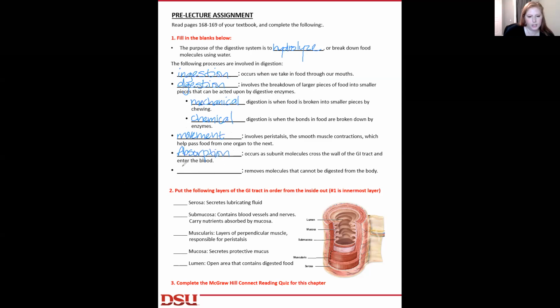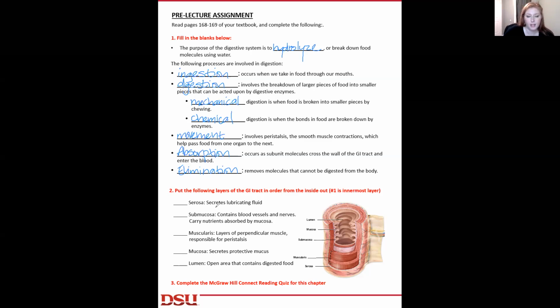And then elimination, everything that can't be digested or utilized by the body is excreted.